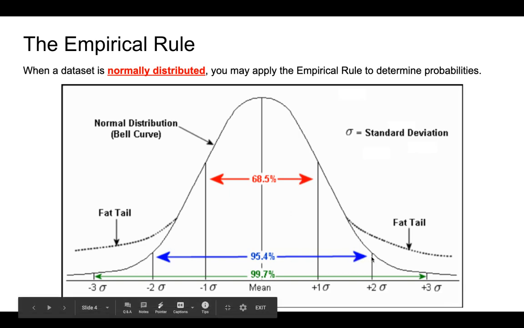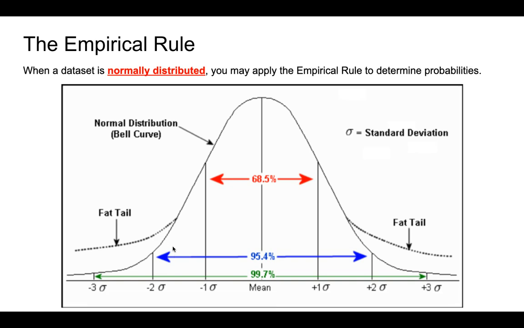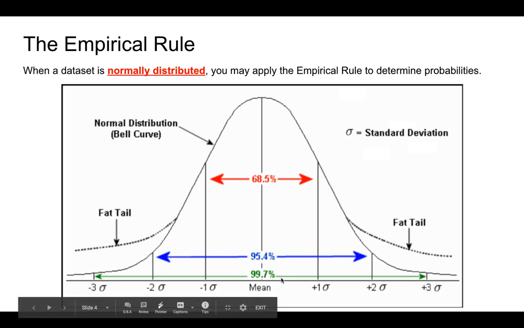Within 2 standard deviations of the mean, 95.4% of the data falls within that grade band. Lastly, the majority of the data falls within 3 standard deviations of the mean, which is 99.7%. Now you'll see some different graphs.